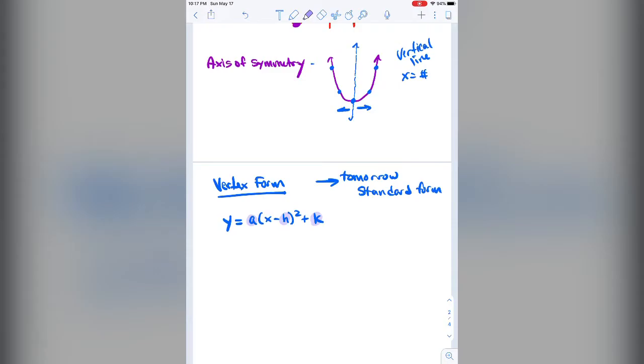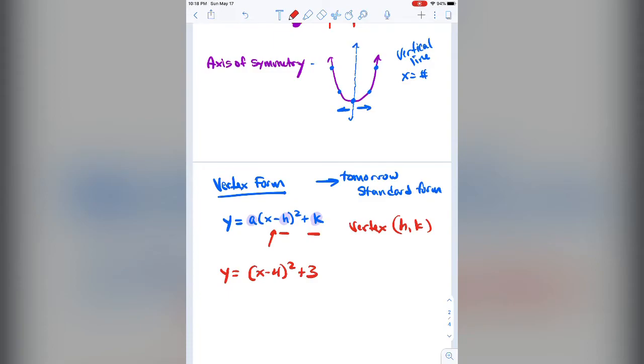So let me give you an example of one here. If I said y equals x minus 4 squared plus 3. Well, what do we get out of here? Well, our vertex is always h, k. Here's the problem and where people get confused. Since this is minus h, it's always going to be the opposite of it.